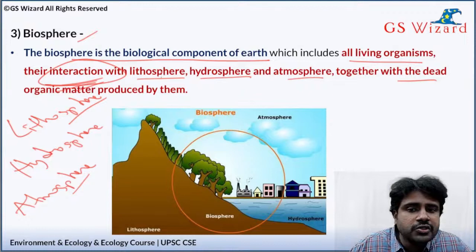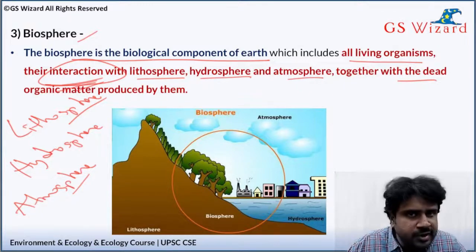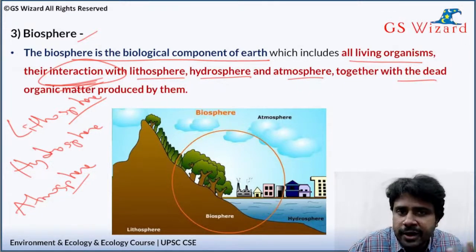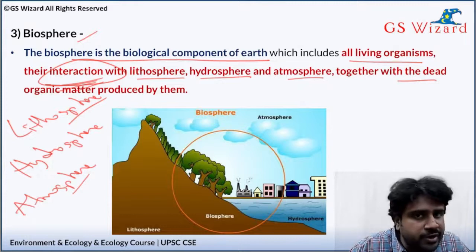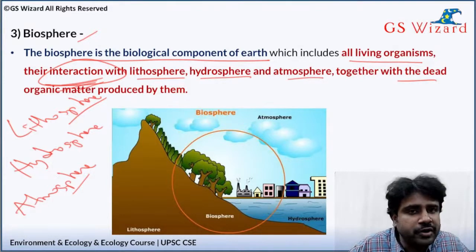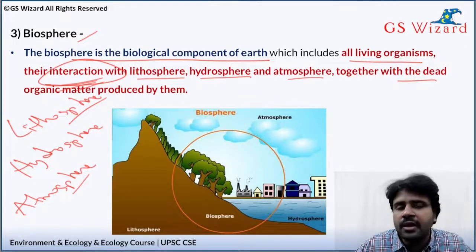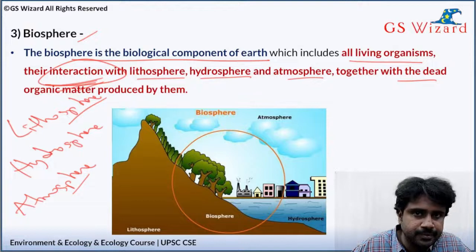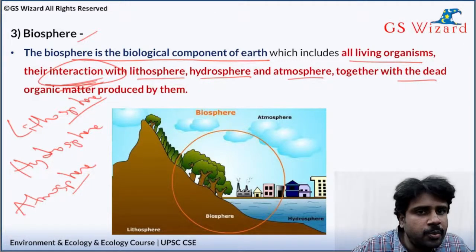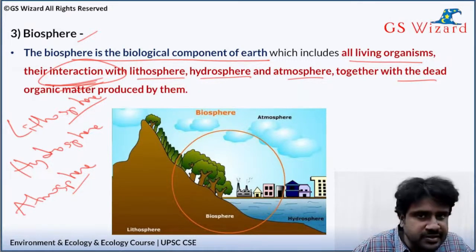So, biosphere means all the living organisms together with dead organic matter, and not only that, interactions of living organisms with lithosphere, that means land mass, hydrosphere, that means all the water, and then atmosphere. If I just talk about living organisms, it doesn't make any sense.